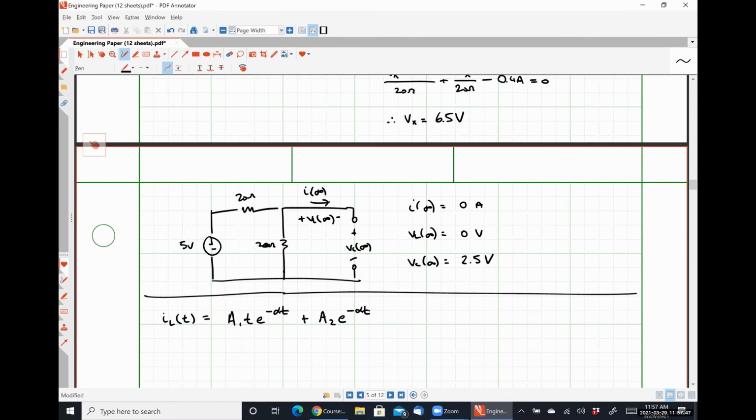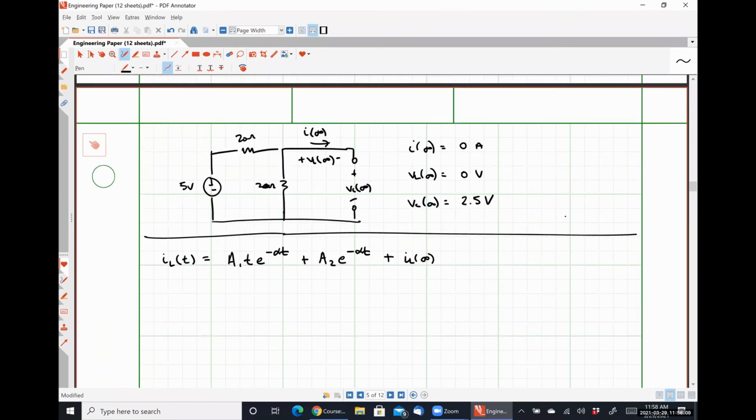Because we do have a source still in the system, we are also going to add plus IL at infinity, because we know that as T gets large, it's going to settle at this value, right?